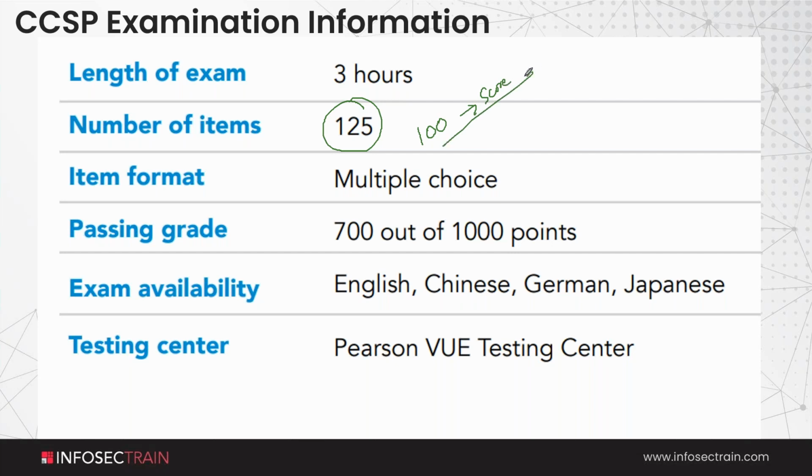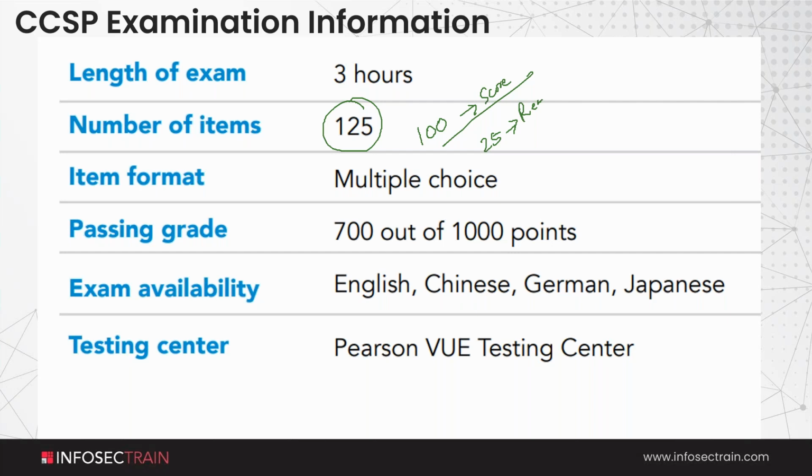The other 25 questions are only for research purposes, with no scoring for them, but you will never be able to understand which is the real exam question and which is the research question. It's a mixed-up combination, so you will not be able to identify that.